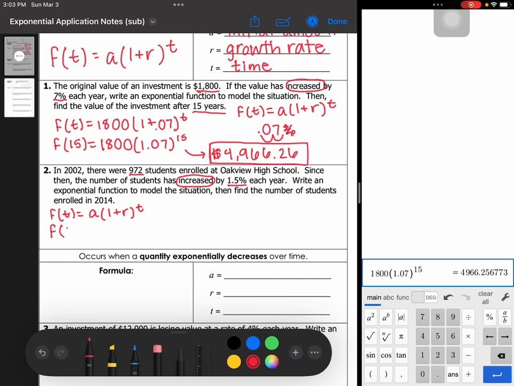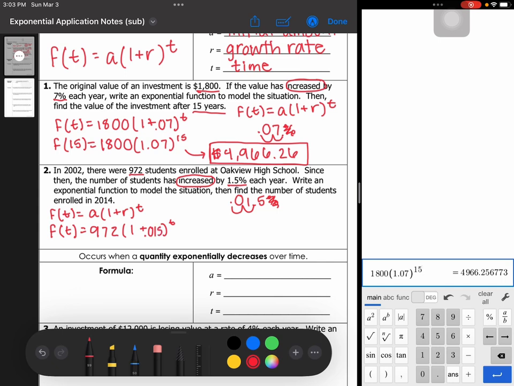We know that our initial amount that we started with was 972 students. And now we just need to find the rate. So if I have 1.5%, I'm going to move my decimal place over twice, and I get 0.015 to the t power.